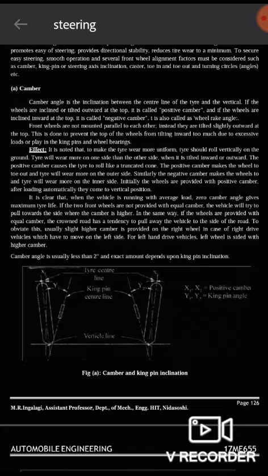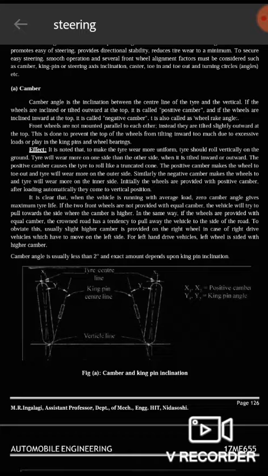Positive camber causes the tire to roll like a truncated cone. The positive camber makes the wheel toe out, and the tire will wear more on the outer side. Similarly, negative camber makes the wheel toe in, and the tire will wear more on the inner side.